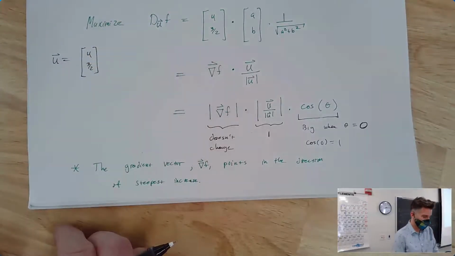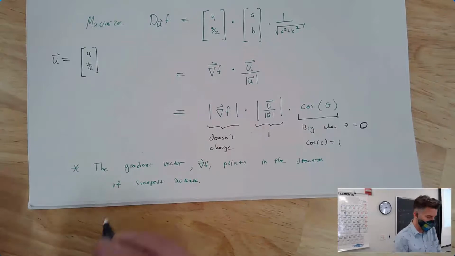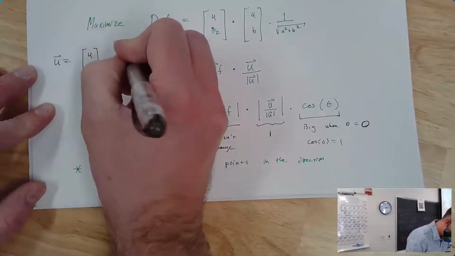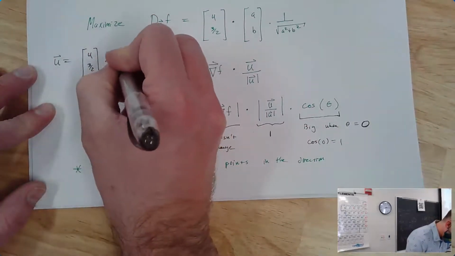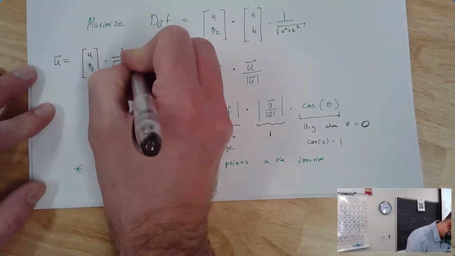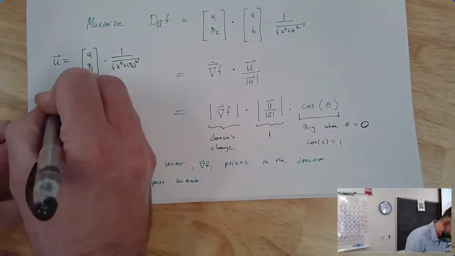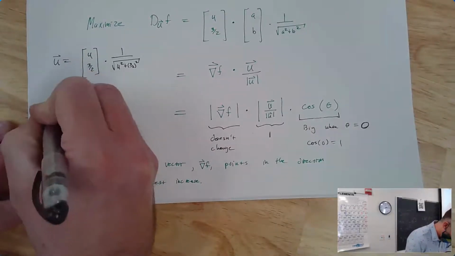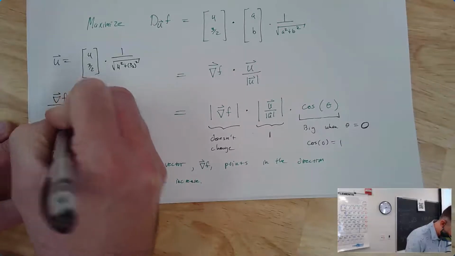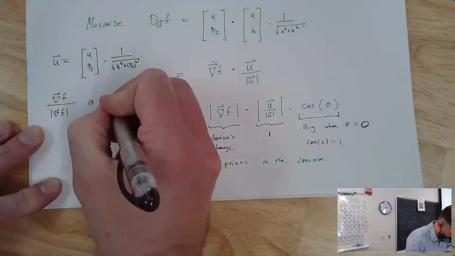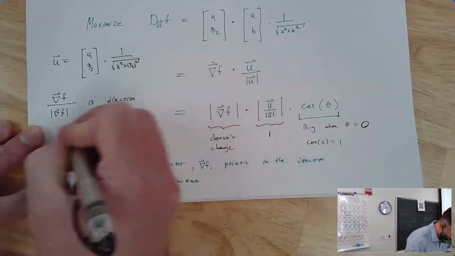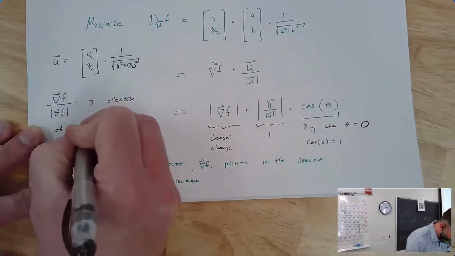The answer is the gradient divided by its own magnitude. So the gradient divided by the magnitude of the gradient is the direction of steepest incline.